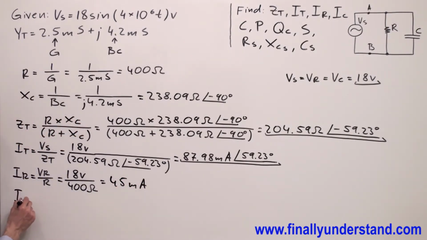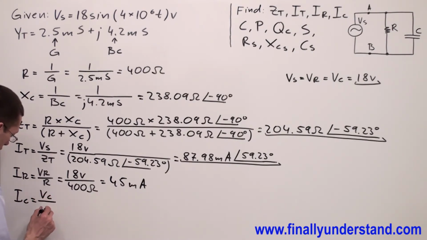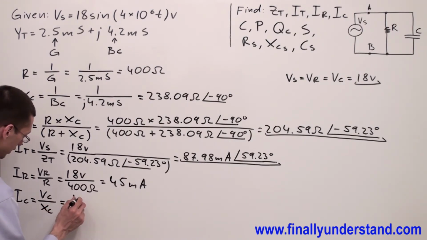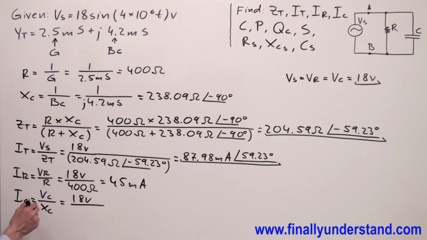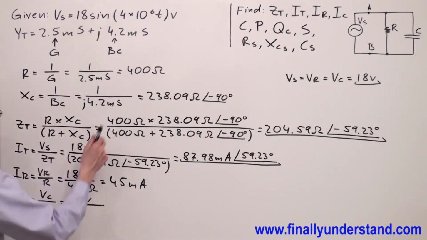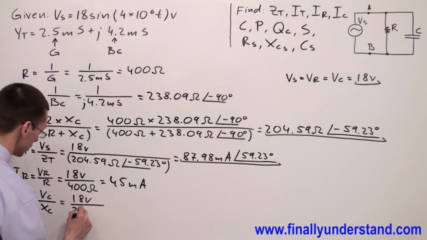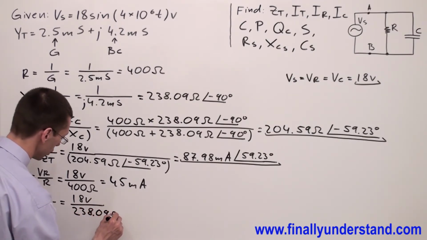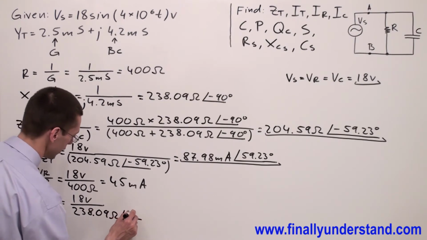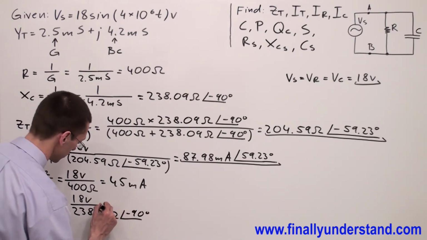IC is equal to voltage across the capacitor over X of C. So I have 18 volts divided by X of C, 238.09 ohms, and angle of negative 90 degrees.